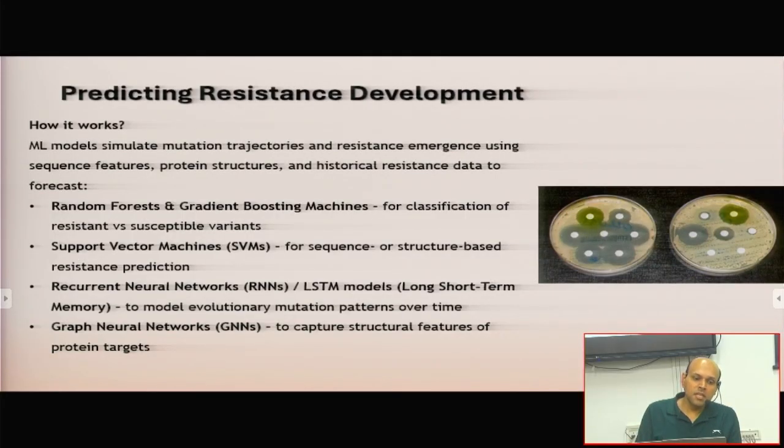SVM for sequence or structure based resistance prediction, recurrent neural network to model evolutionary mutation patterns over time, graph neural network to capture structural features of protein targets. So you can even predict how quickly resistance can develop in certain bacteria as a result of the features that are known.